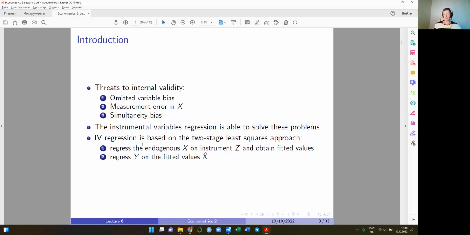And in such cases, people are trying to use something like an instrumental variable. You cannot randomly force people to study 10 years or 20 years or 15 years, right? It is not possible, because it's unethical to do such an experiment with people.